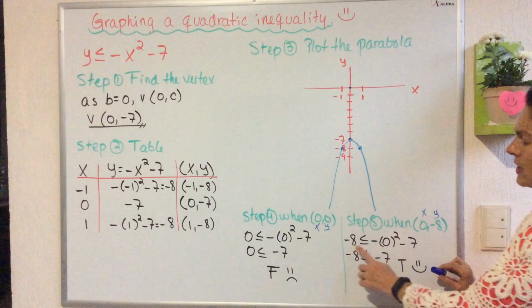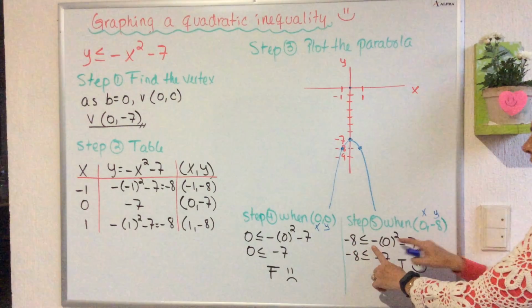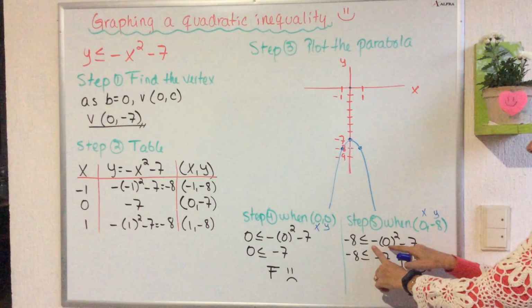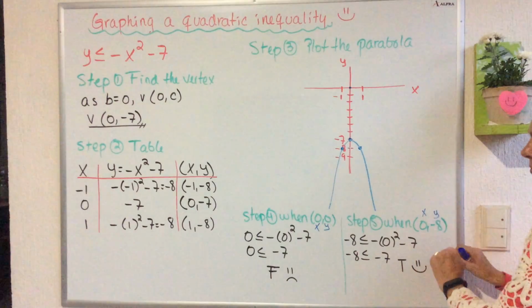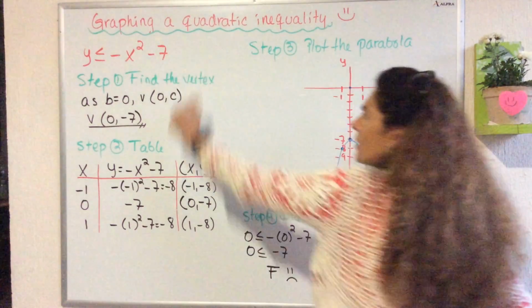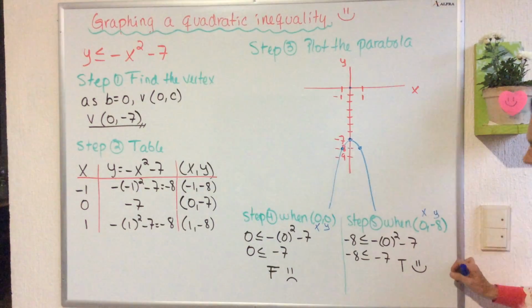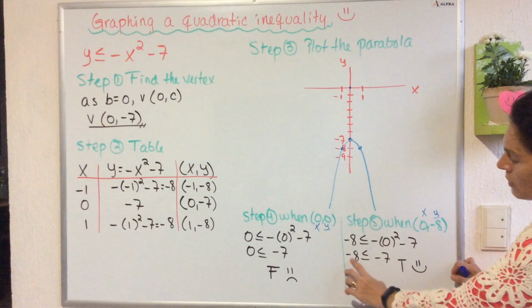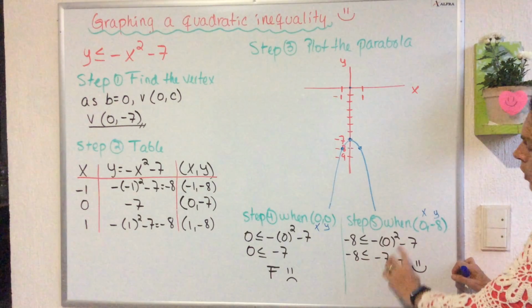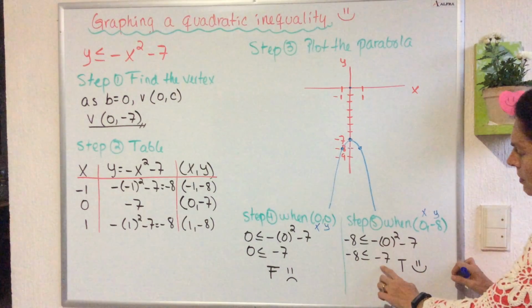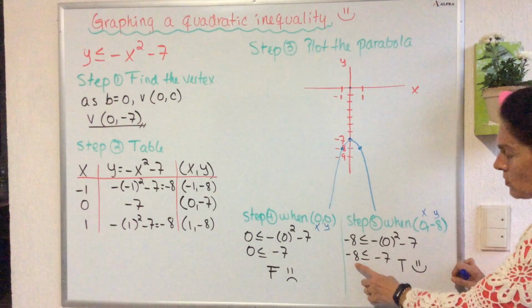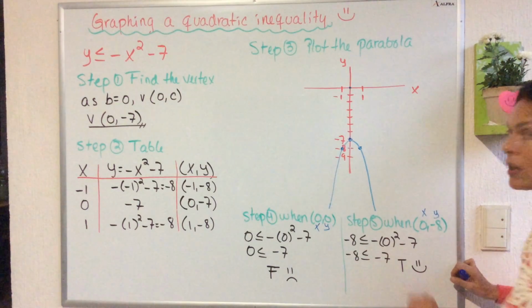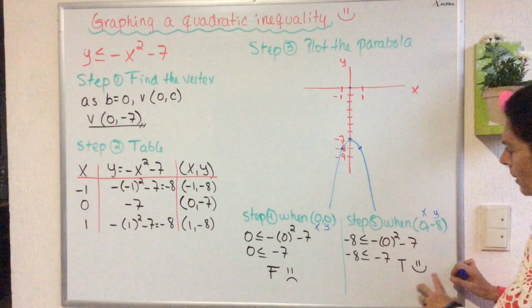So minus 8 is less than or equal to minus x to the second, and x is 0, minus 7, because I am taking, again, the inequality. Then we have minus 8 is less than or equal to, all this is 0, minus 7. So is it true that minus 8 is less than or equal to minus 7? Yes, this is true. So true, happy face.